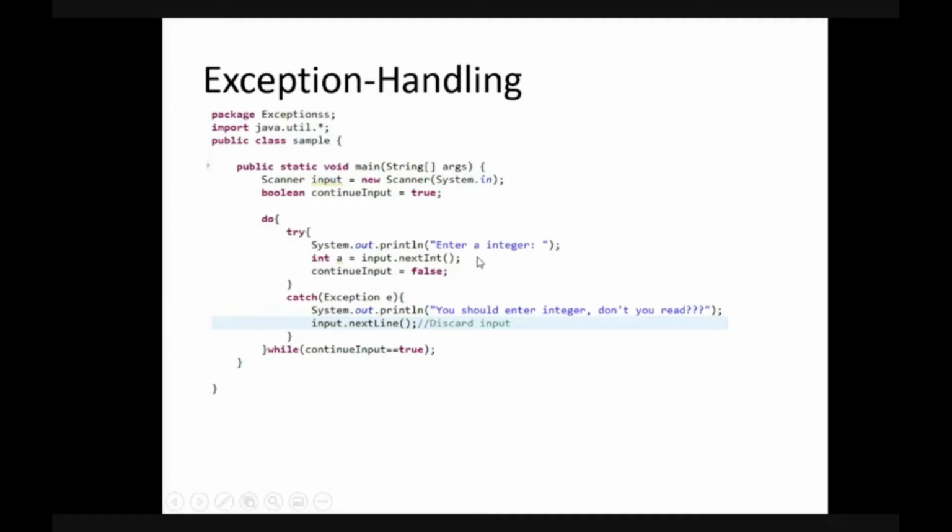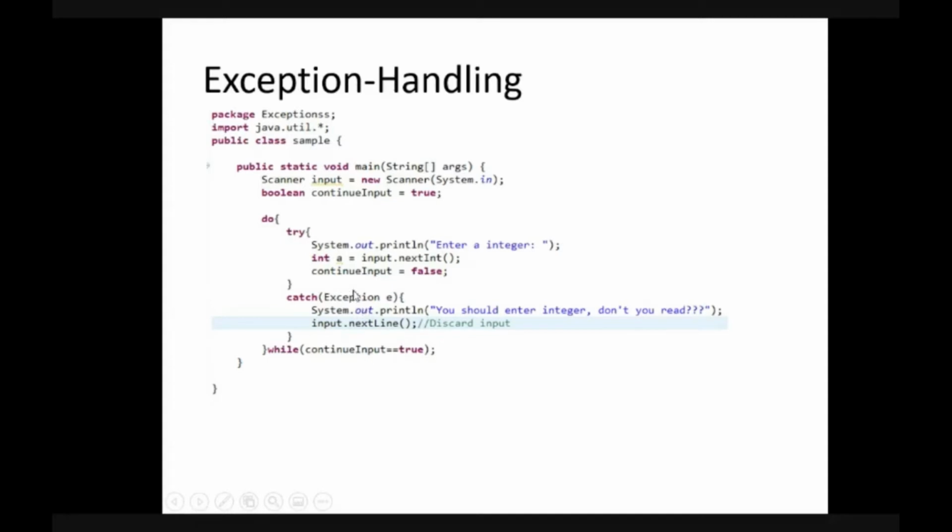If there is an error, if I didn't enter an integer, let's say I enter a double or string, what happens? This is going to give me an error because I am saying integer a, read whatever you enter there and assign to integer a, but you read a string, it cannot be an integer. So there is an error, and it is going to throw to this catch.